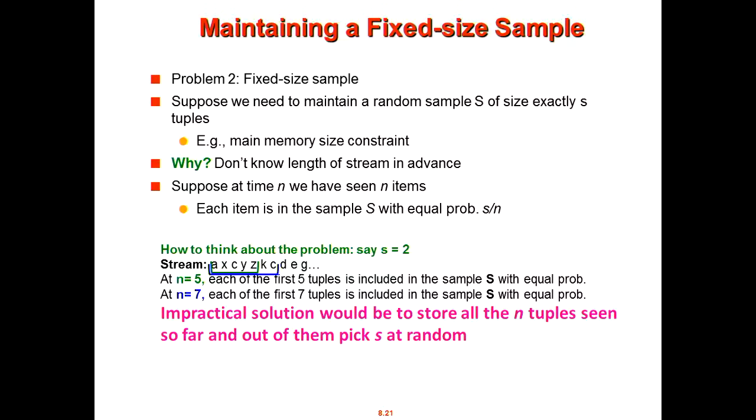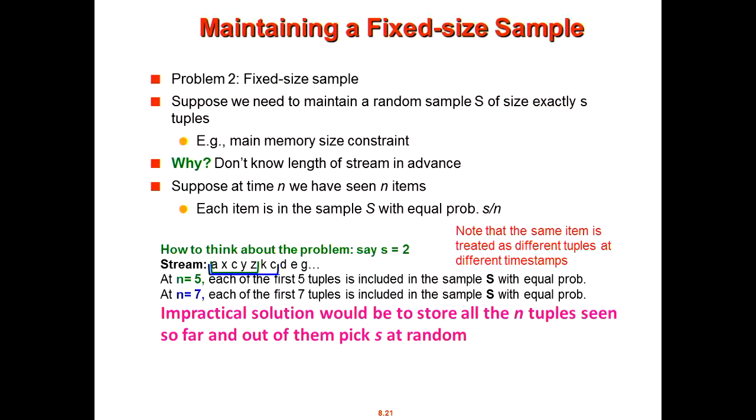But that's impractical because we are not able to store all of them. Another thing you need to notice is that the same item is treated as different tuples at different time steps. So this C and this C are treated differently in this problem.